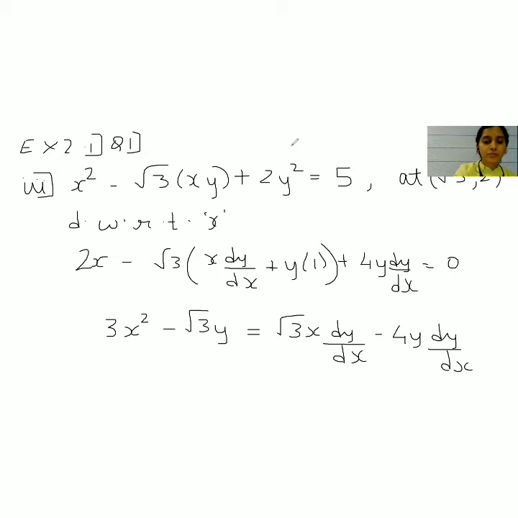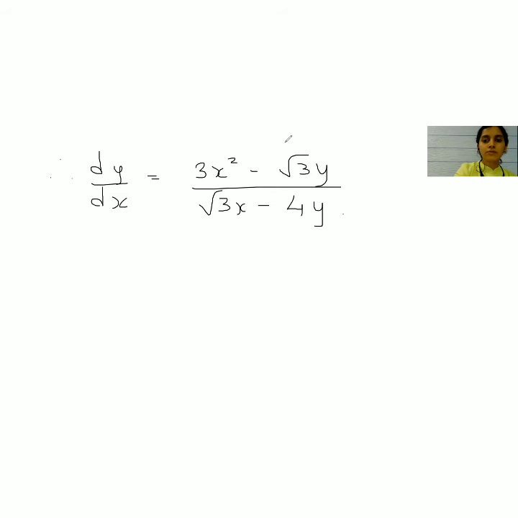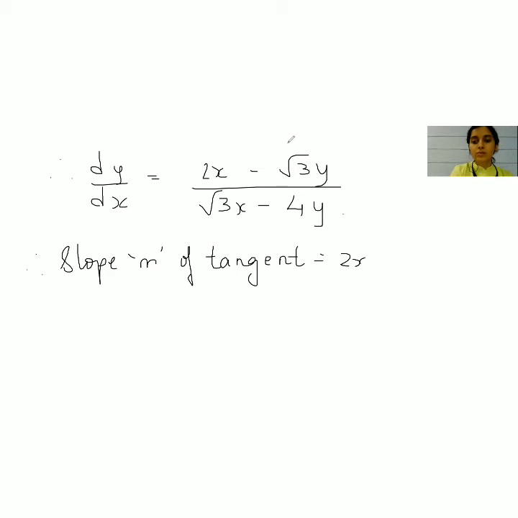So in the equation we'll have 2x minus root 3y over root 3x minus 4y. Now this is dy by dx. Therefore, the slope m of the tangent is equal to 2x minus root 3y upon root 3x minus 4y.